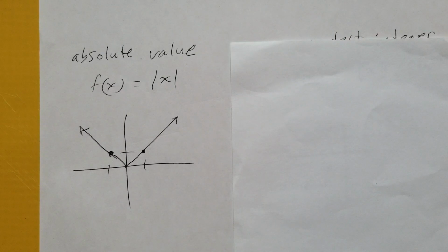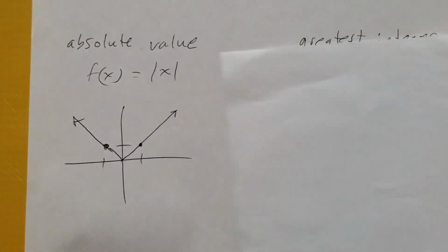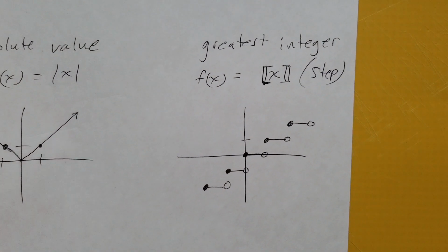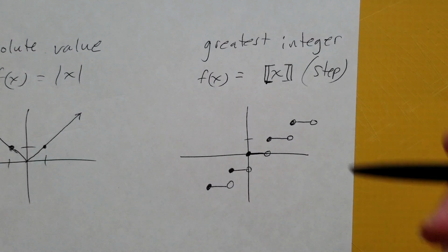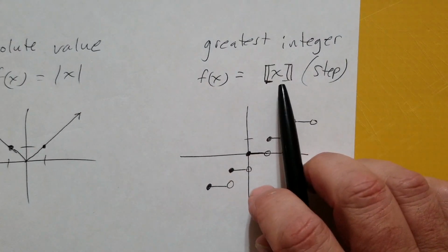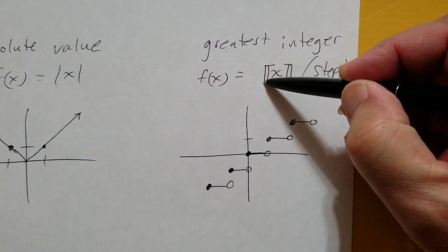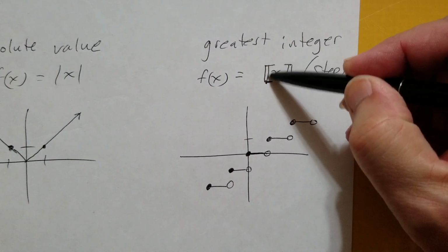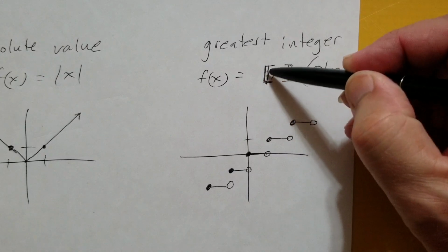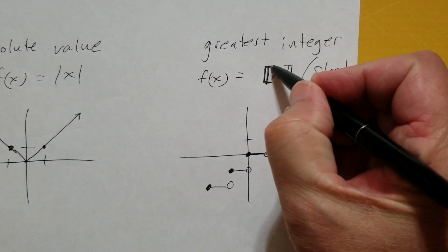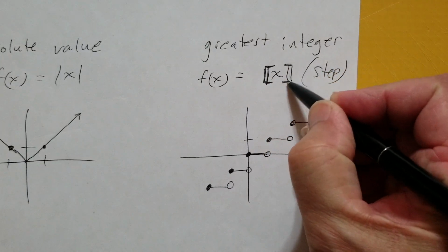Okay? And the least popular one is this last one. This is called the greatest integer graph. Okay? Now, f of x equals the greatest integer of x. If you look carefully, it's like hard brackets, but bold here, like 2 bars, and then brackets coming in like that.